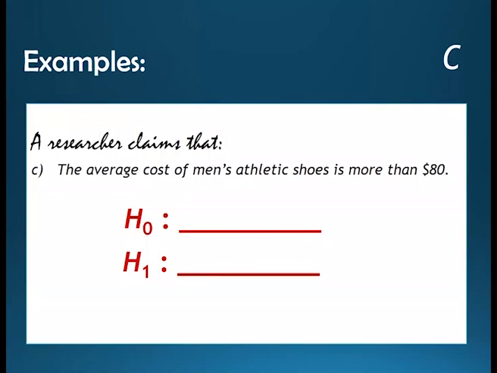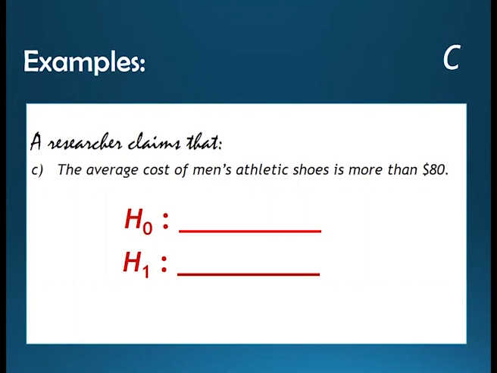What about this example? The average cost of men's athletic shoes is more than $80. I'll give you a few minutes to try. You may pause the video, then play again after you try. Then check your answer. All right, so what are the hypotheses for this claim?